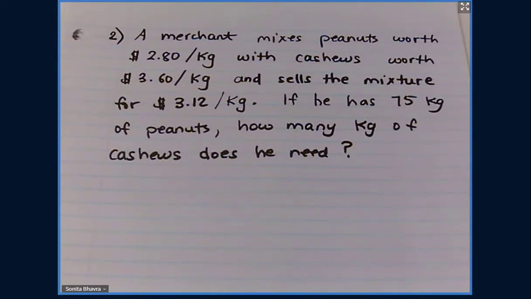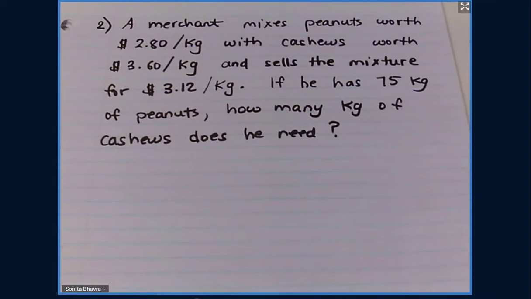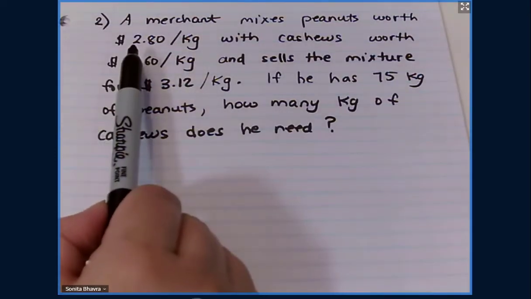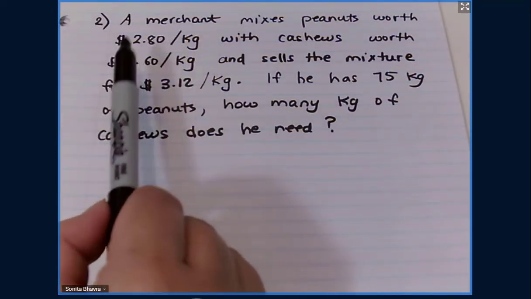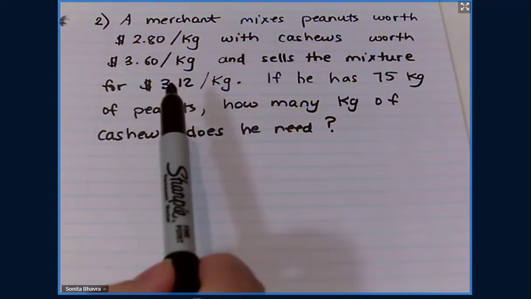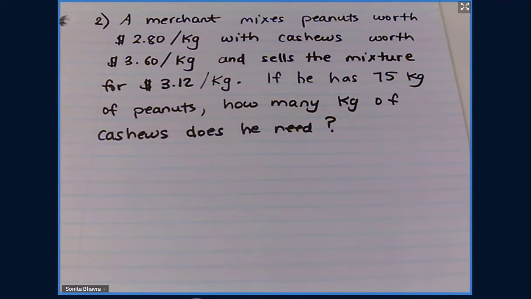If he has 75 kilograms of peanuts, how many kilograms of cashews does he need? So we're going to set this up similarly to our previous example. The only difference is I'm going to use whole numbers. So instead of $2.80, I'm going to use 280 cents, 360 cents and then 312 cents.